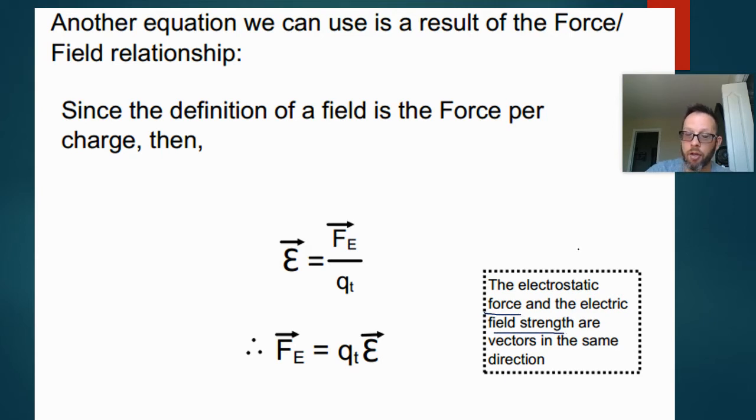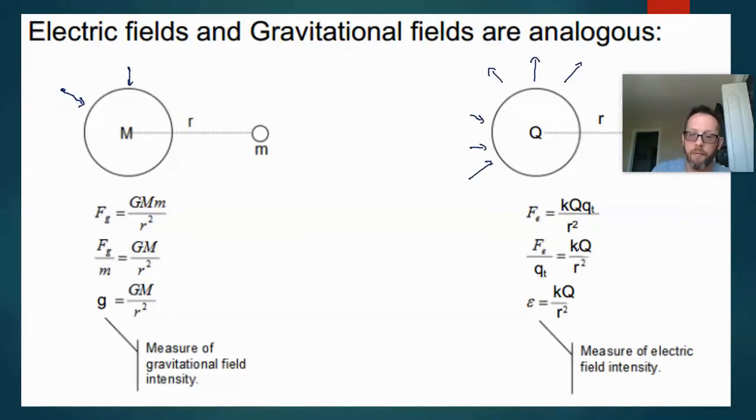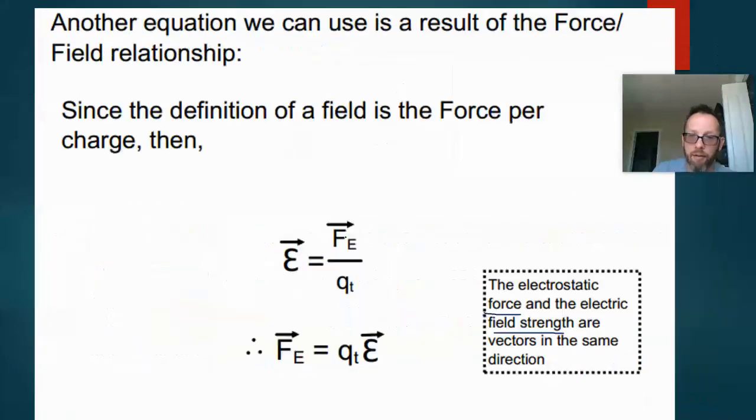And this isn't anything new. If we think about gravitational field, if we have some mass up here where I'm drawing, we know that the gravitational field strength will be going down, attractive, the same direction as the force, right? So again, this is not anything new. The field strength and the force point in the same direction. And just going to double check if I have anything. I do have one thing I want to add to that.